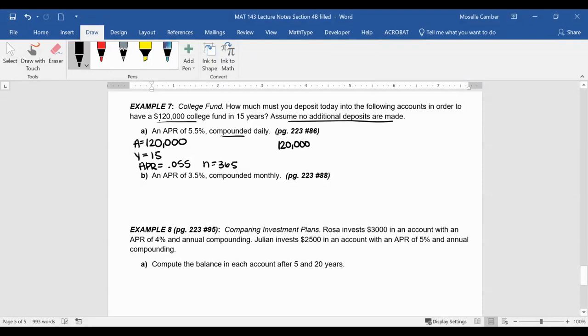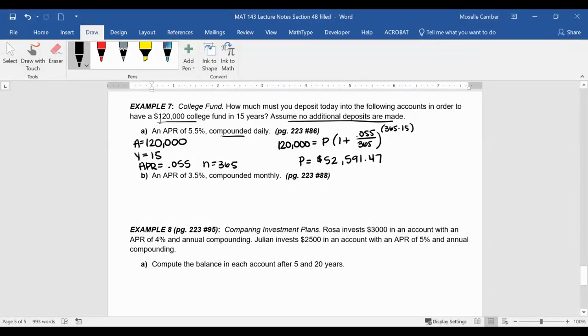So my A is going to equal my P times 1 plus my rate over my N, raised to my N times my Y. Okay, so I do the same thing I was just doing, and you should get $52,591.47. So for this account, you have to deposit $52,500 in order to have that college fund in 15 years.